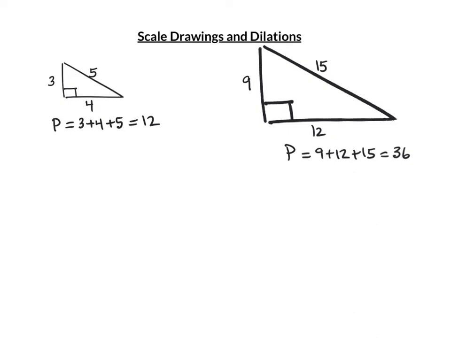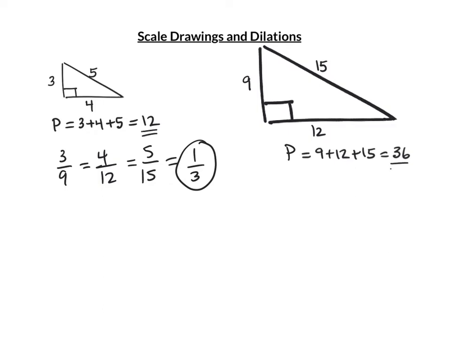The scale factor of the small one to the big one would be 3 to 9, or I could make it 4 to 12, or I could make it 5 to 15. Notice in all three of these cases, it's just 1 to 3. Look at the perimeters. Those are corresponding things in similar figures. Notice that 12 over 36 is also 1 to 3.